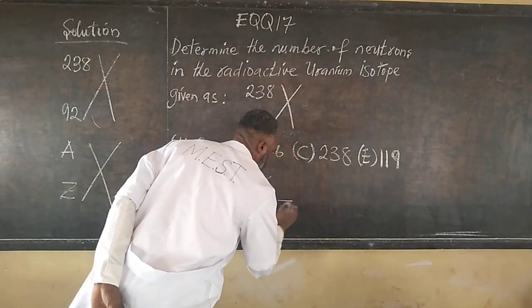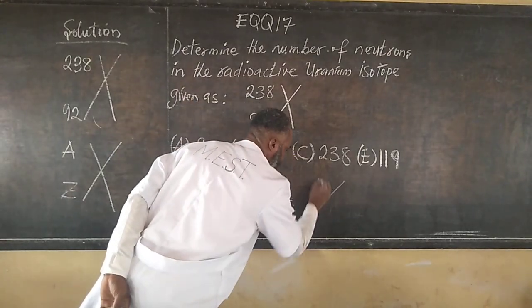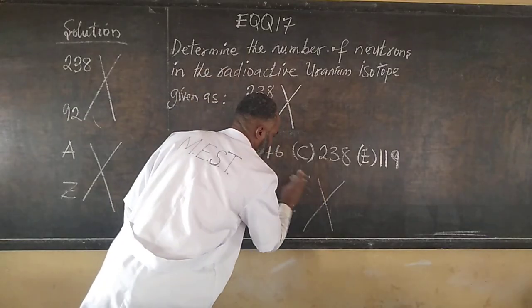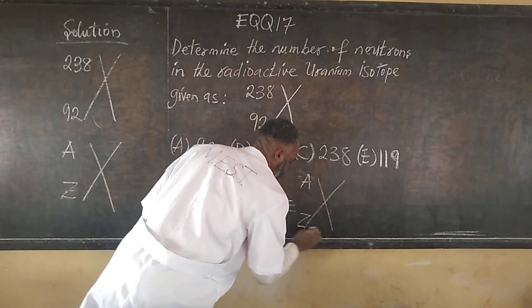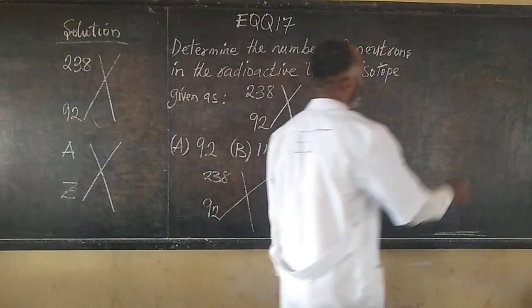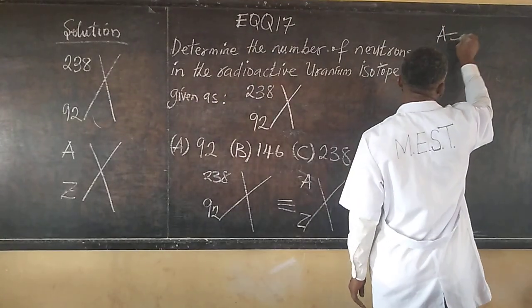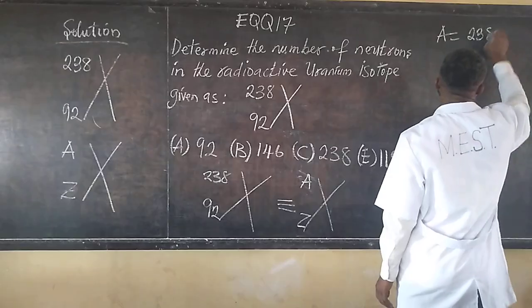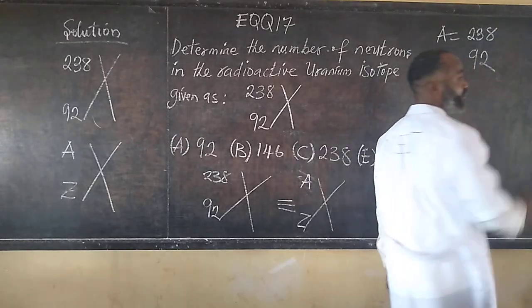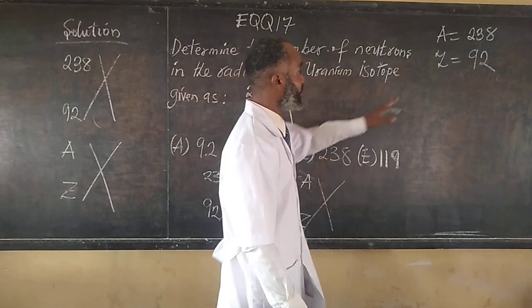If we compare, this is A, this is Z. So A is equal to 238, while Z is equal to 92, which represents the atomic number.